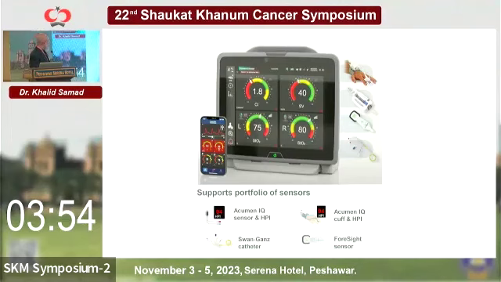Then there is the ClearSight HPI, with which we can monitor the cardiac output non-invasively. And then we have sensors to monitor the cardiac output and the blood pressure using the existing arterial line. And then we have the Swan-Ganz catheter, PAC catheter modules available within the same device.